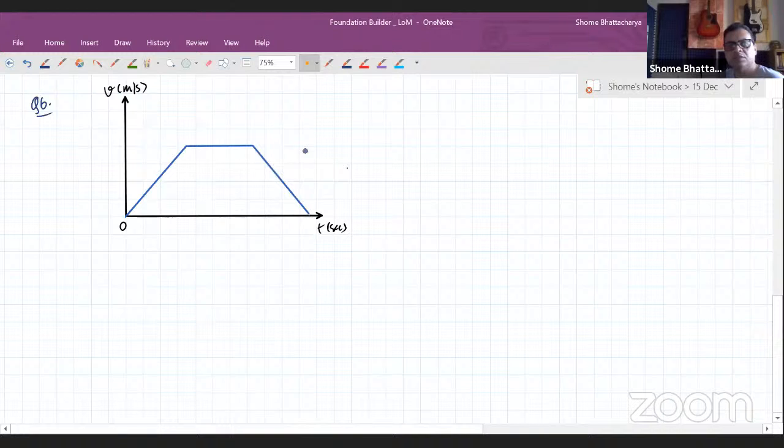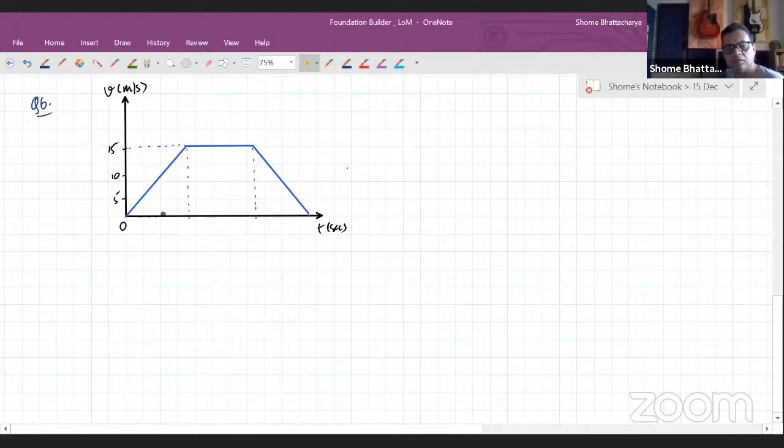So as per the graph that is shown, these two times and this velocity's value is something like this: 5, 10. This is 15 meters per second.